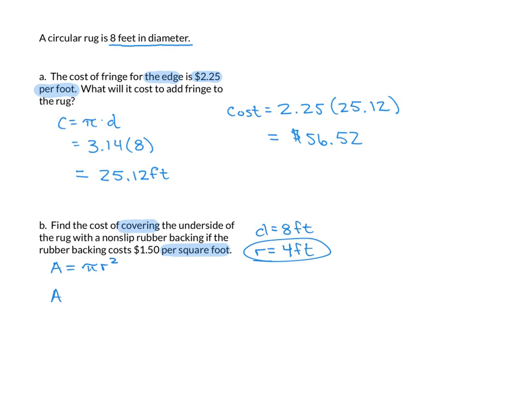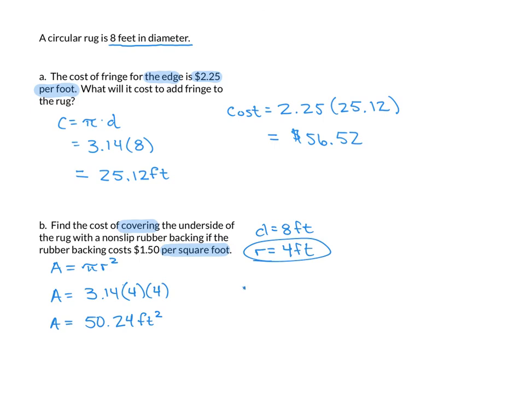So we get A equals 3.14 times 4 times 4. If we multiply this out, we get A equals 50.24 feet squared.